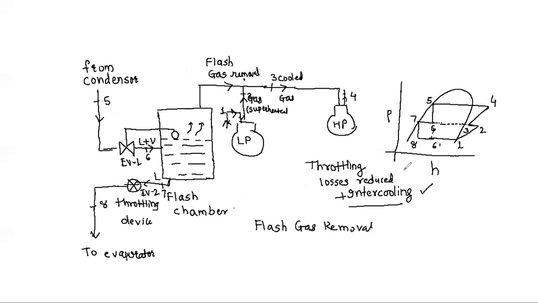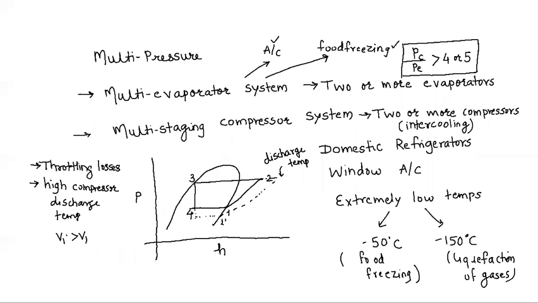With this understanding, we would stop this lecture for now. We would just quickly recap what we explained. First, I explained what a multi-pressure system is. In this lecture, we discussed multi-stage compression, and I showed you an arrangement where we can use intercooling with two compressors.